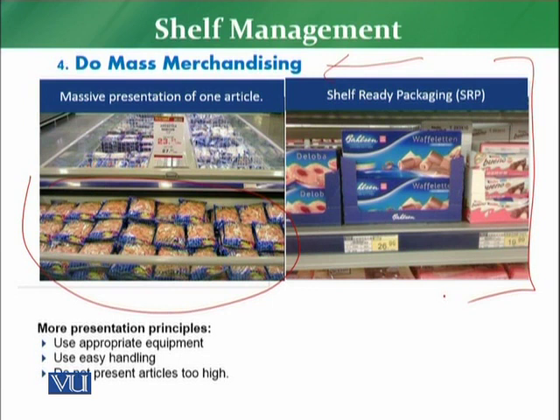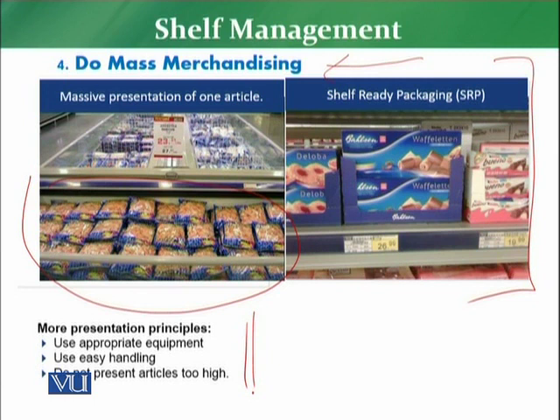You have to use proper equipment for it. The presentation has to be easily handled, because normally once you do mass merchandising, the handling of the products should not be challenging for the customer. And do not present articles too high. For example, if mass merchandising is done for microwave ovens, and the height of the secondary displays or the gondola is 7 feet or 8 feet, then of course the customer will not be able to pick the product.